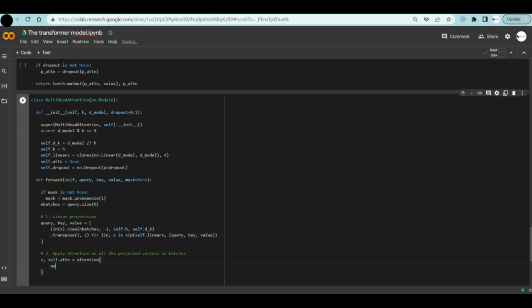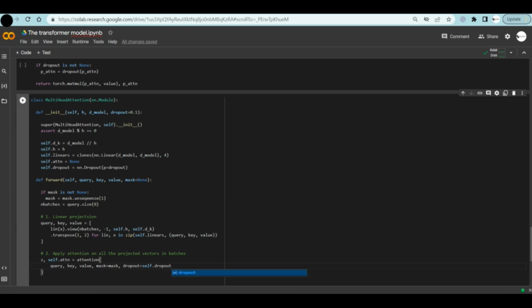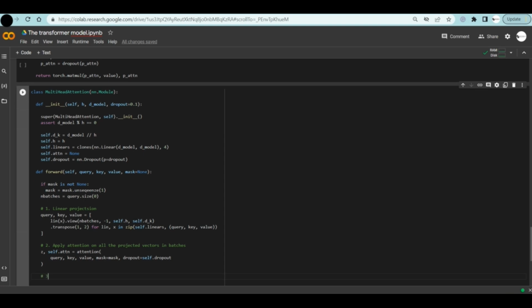We give it the query, the key, the value, the mask equal to mask, and the dropout equal to self.dropout. Okay, that's not an error. So that is step 2.